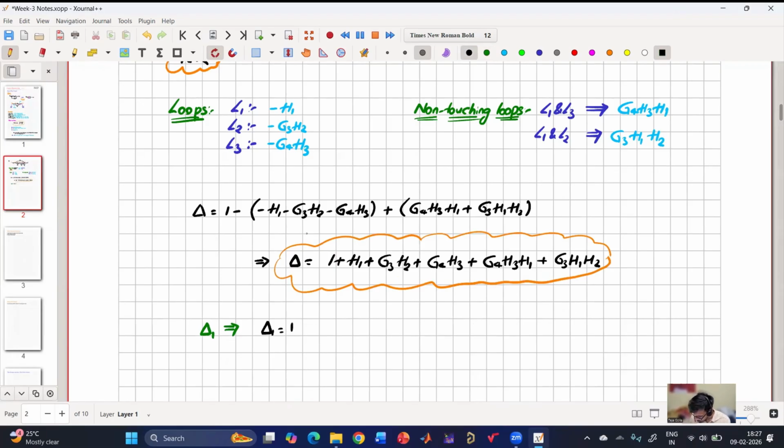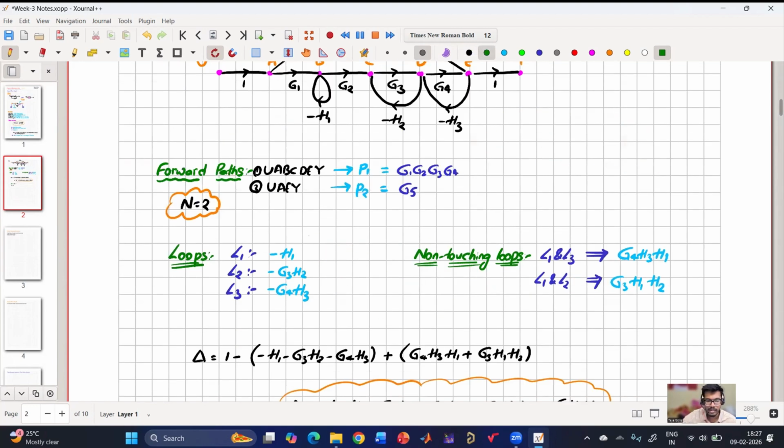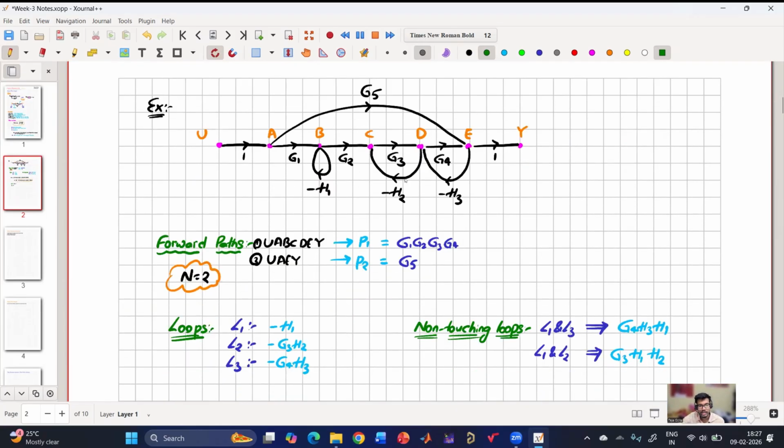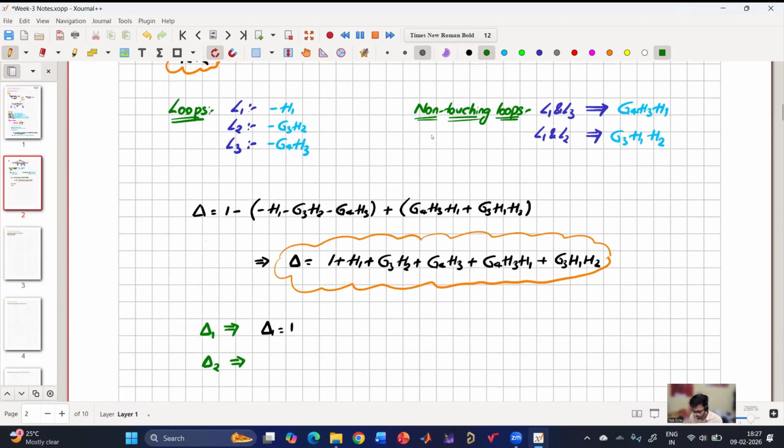Now coming to delta 2. Are there any non-touching loops for this path P2? L1 and L2. Very good. So L1 and L2 are the two loops that are not touching this path. So for these two non-touching loops, we have to calculate the delta.